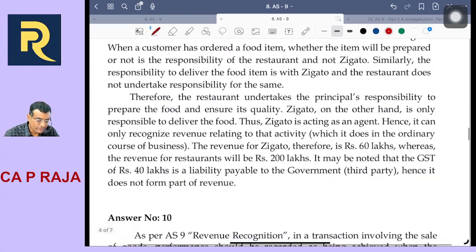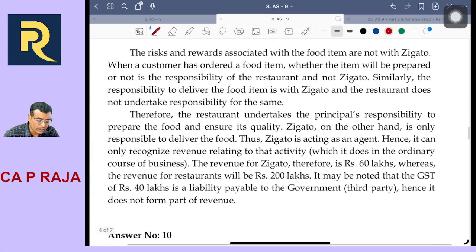Now, risk and reward associated with the food items are not with Zomato. When the customer has ordered the food item, whether the item will be prepared or not is the responsibility of the restaurant, not Z. Similarly, the responsibility in the delivery of the food is with Zomato, and the restaurant does not undertake any responsibility for the delivery.